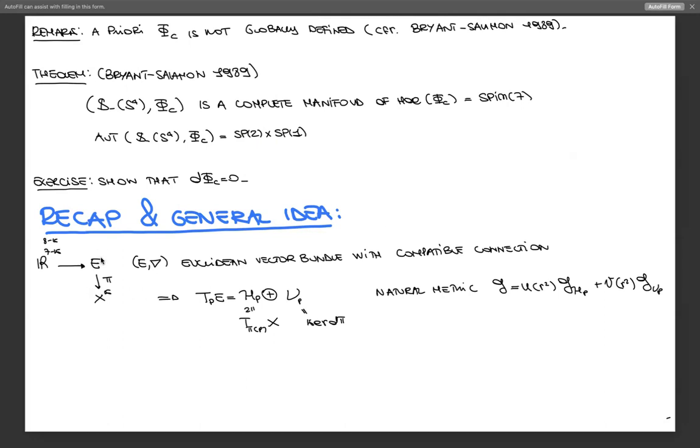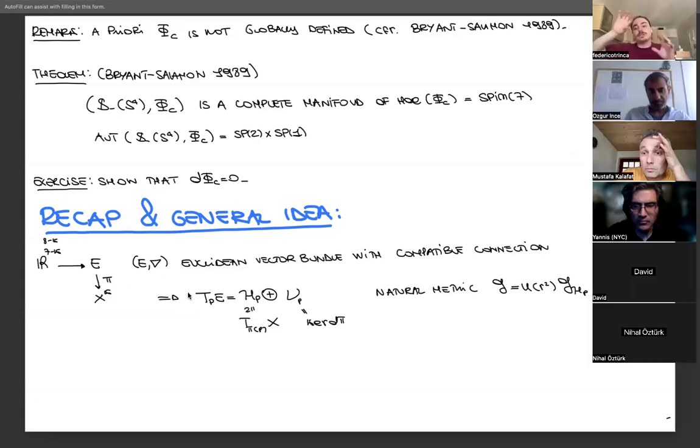So we have a vector bundle over a k-dimensional manifold, and this vector bundle is Euclidean with some compatible connection. The tangent space of the total space of this vector bundle can be decomposed into a horizontal part, which is due to the nature of a connection, and a vertical space, which is just the kernel of the differential of the projection map.